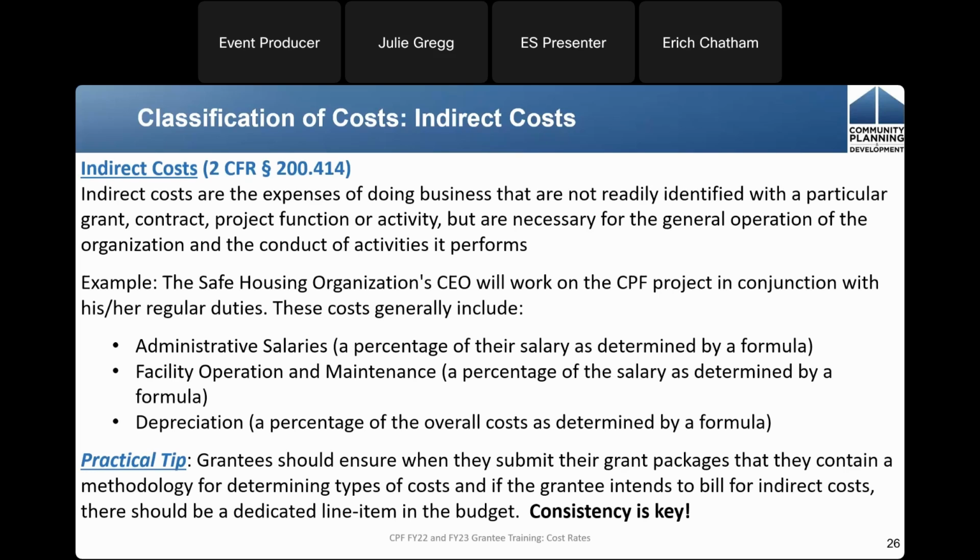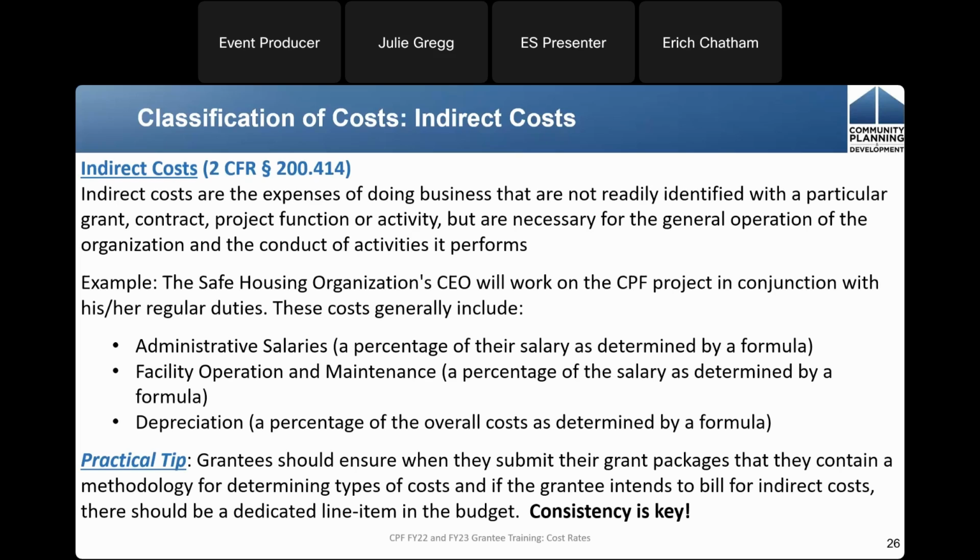Additional indirect costs could include, as we mentioned, facility operation and maintenance. And so therefore a percentage of the salary for your maintenance team as determined by a formula. And depreciation of those facilities, again, determined as a percentage of the overall cost, determined by a formula. And so we'll talk about those formulas.